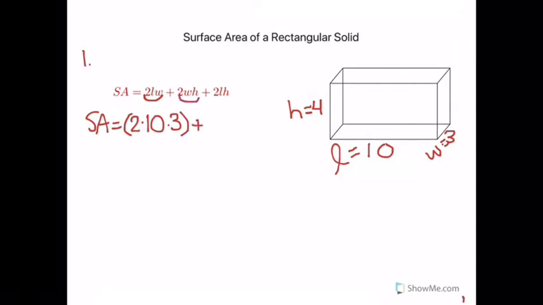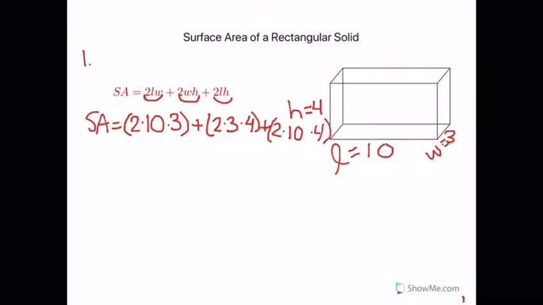Plus, now for this middle part, 2 times W times H. 2 times W is 3, H, my height is 4. Plus 2, sorry, forgot my parentheses, times, for this one, length times height. Length is 10, height is 4. Sorry, I'm running out of room here. Writing a little bit sideways.